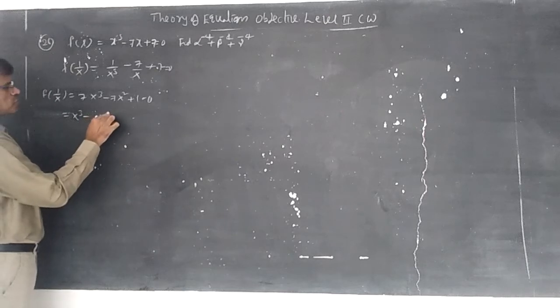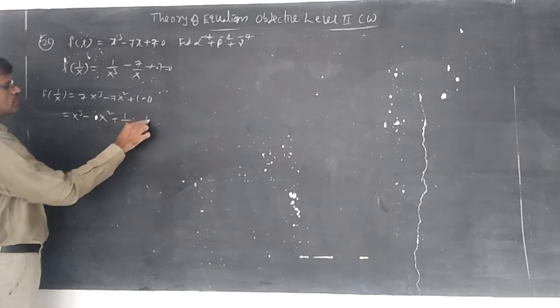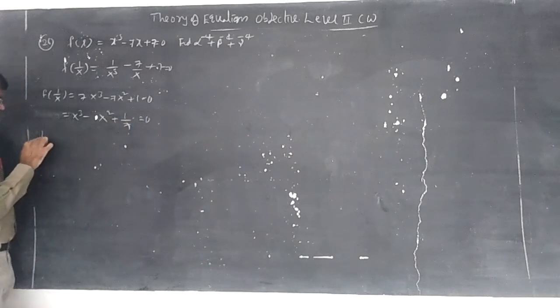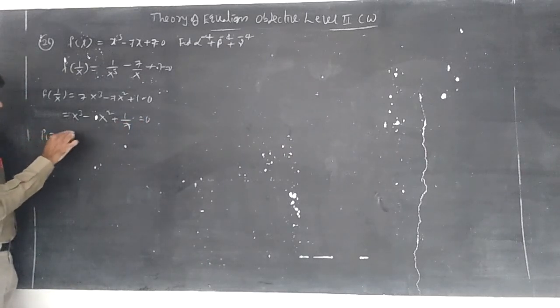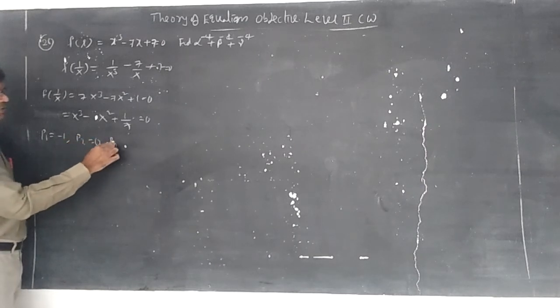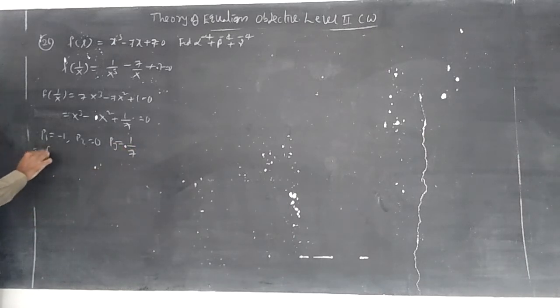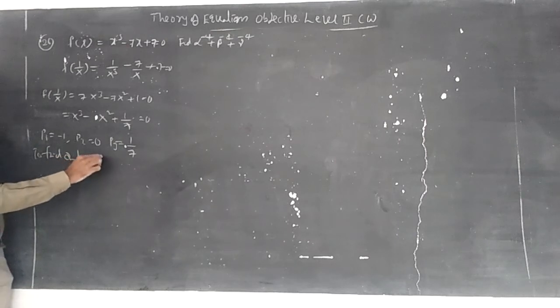It becomes x cube minus x square plus 1 by 7. Now write P1 is equal to minus 1, P2 is equal to 0, P3 is equal to 1 by 7. To find S4.